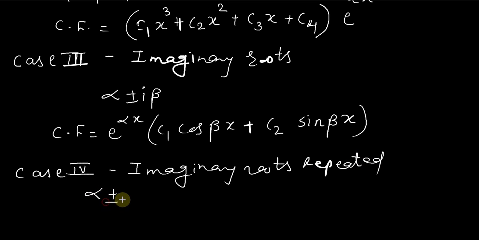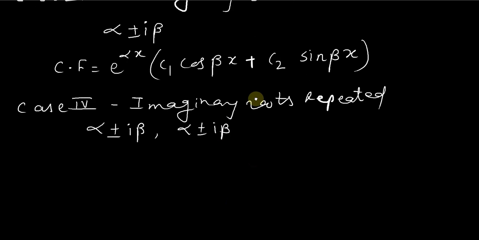Suppose this pair is repeated twice. We get 2 pairs of such roots. That is, there are 4 roots now.